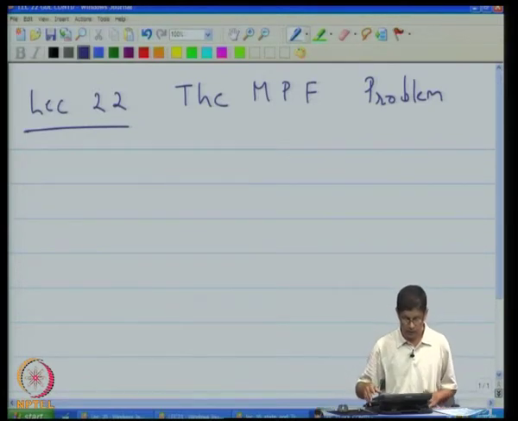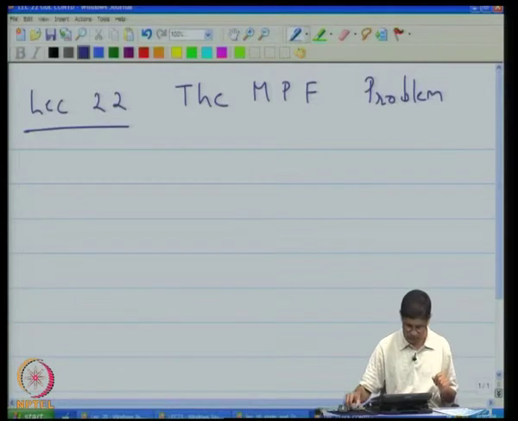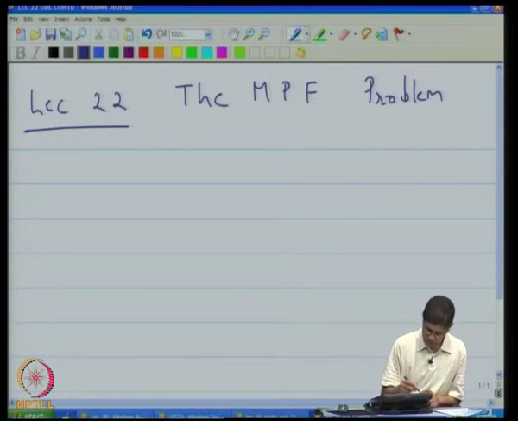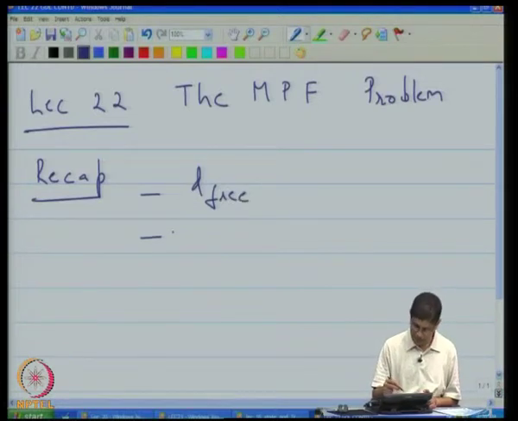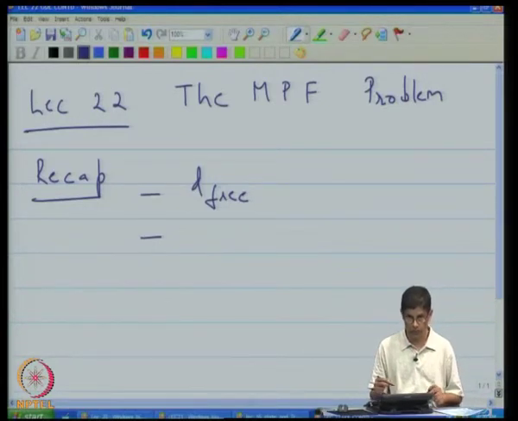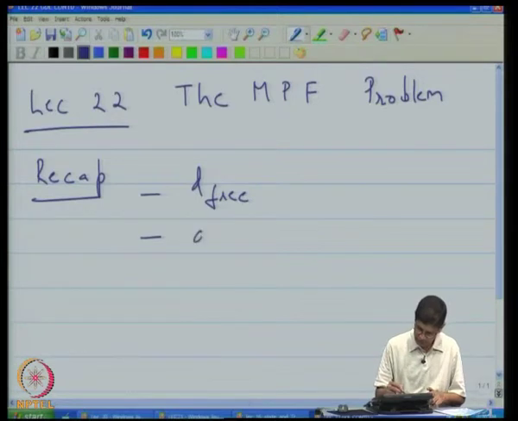Now, in the last class, let us very quickly recap. I first explained what D free was, then I looked at how the distributive law could be used to reduce the number of computations.